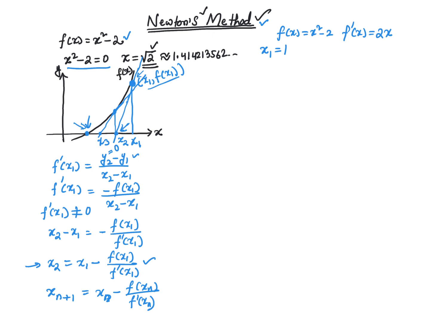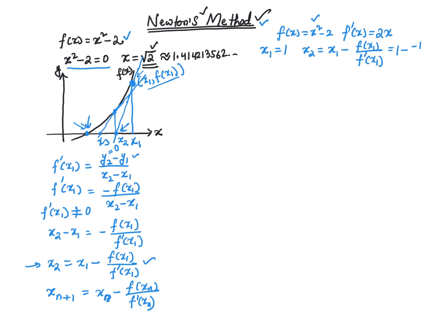So x1 is equal to 1. What is my x2 going to be? x2 is going to be x1 minus f of x1 divided by f prime of x1. Now x1 is 1, minus f of x1, which gives me 1 squared minus 2, which is negative 1.